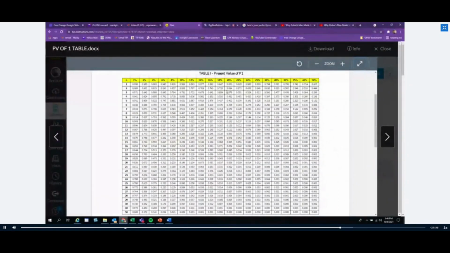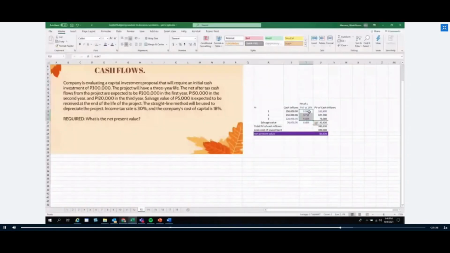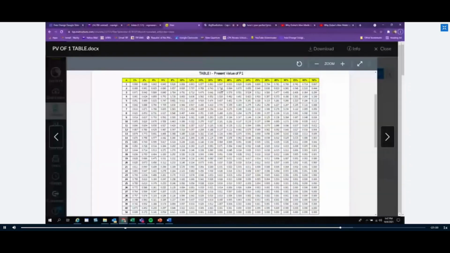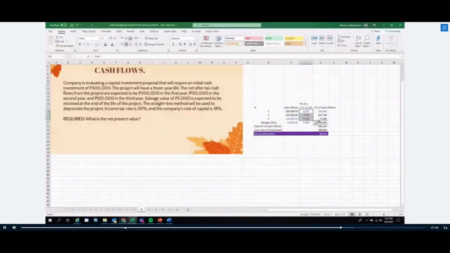So 0.847, ayun, plus 0.718 and 0.609. Ayun siya class, ha? So yan. So again, this is acceptable because we have a positive net present value of 80,630. Again, of course, later on kasi kailangan natin we have to compare two projects, para at least mas maintindihan natin how to decide, but later we'll cover that.